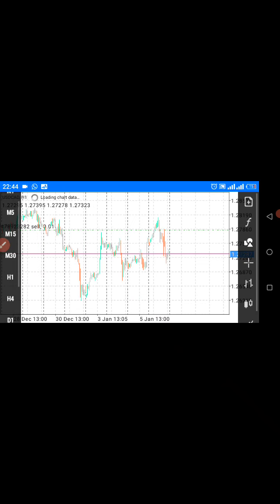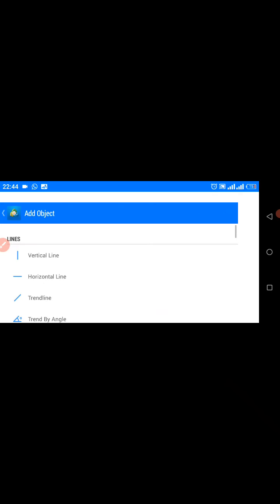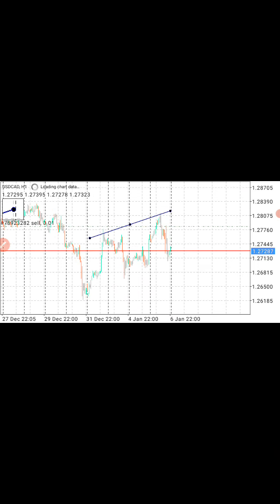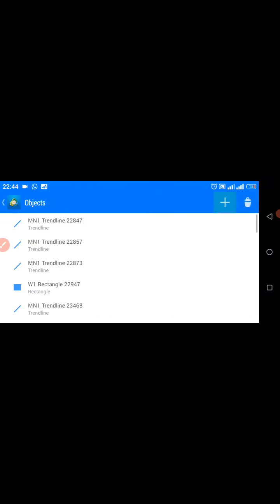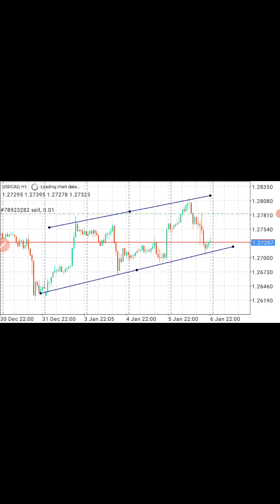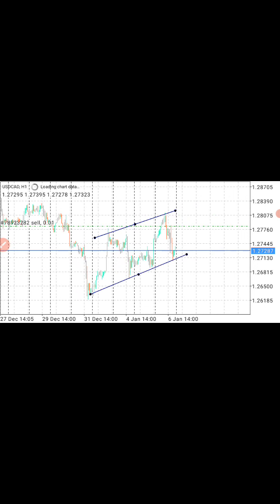A trade that I have been in since morning. You can see another shining here.